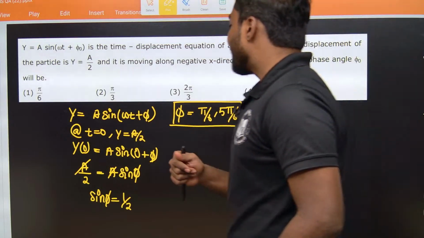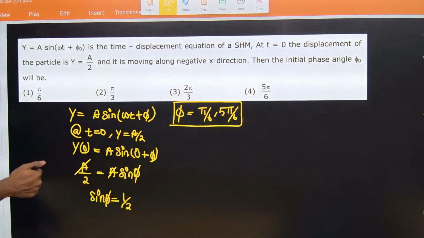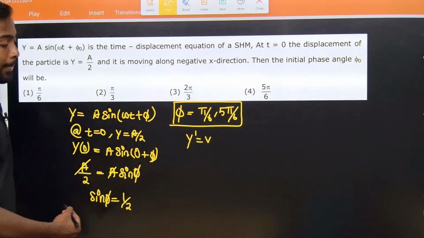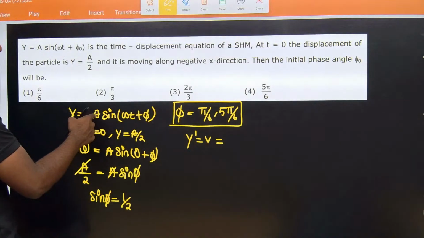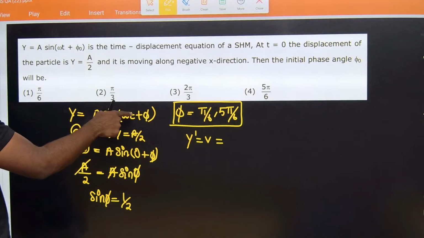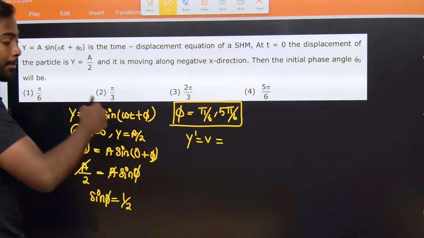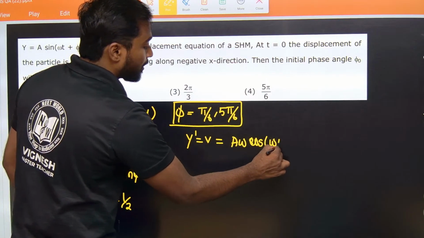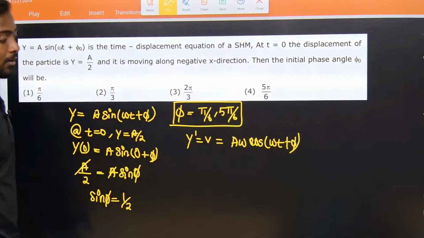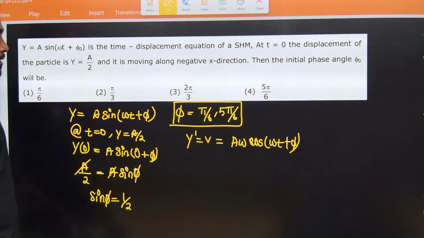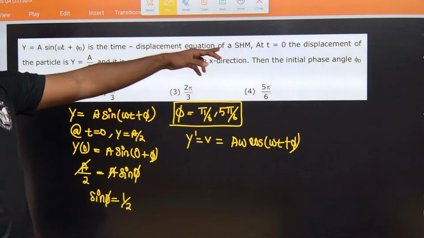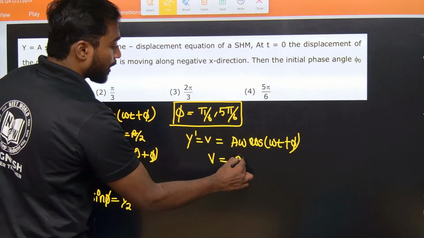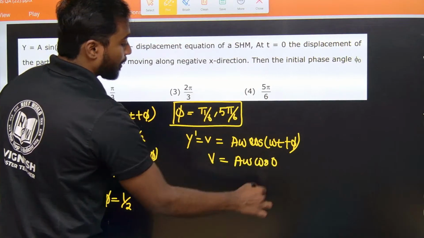For that, let me take the velocity equation. If I differentiate y, y dash will be equal to velocity. Sine will become cos and omega will come out, so a omega cos of omega t plus phi. At time t equals 0, v will be equal to a omega cos phi.